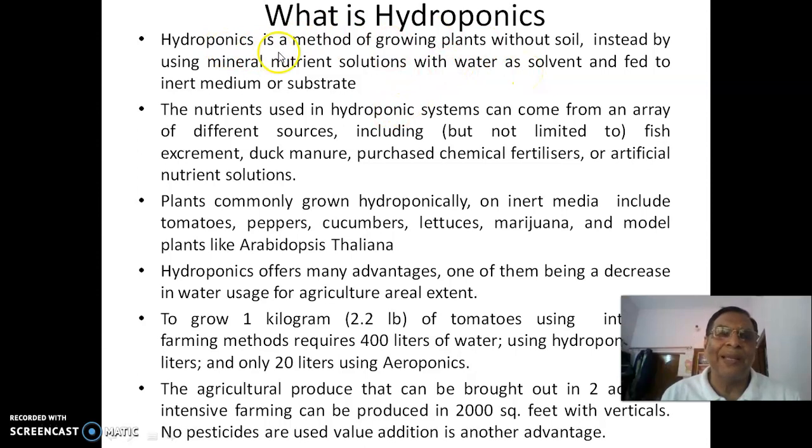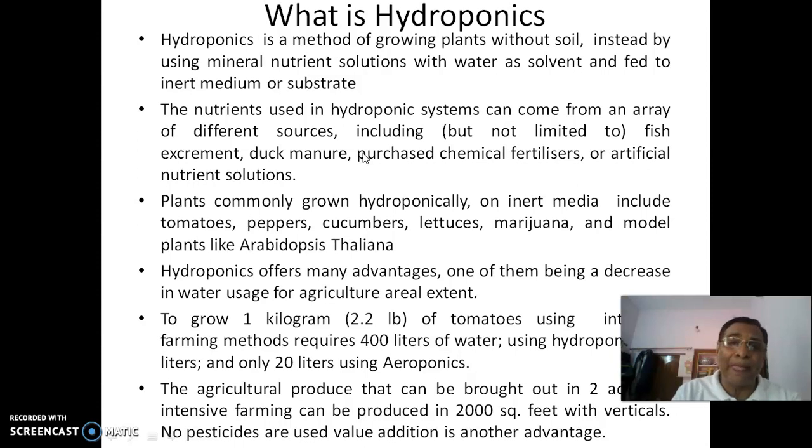So I will go again. Hydroponics is a method of growing plants without soil, using mineral nutrient solutions with water as a solvent, fed to the inert medium which supports the plant. The nutrients used in hydroponic systems can come from any array of different sources, including but not limited to fish excrement, duck manure, purchased chemical fertilizers, or artificial nutrient solution.